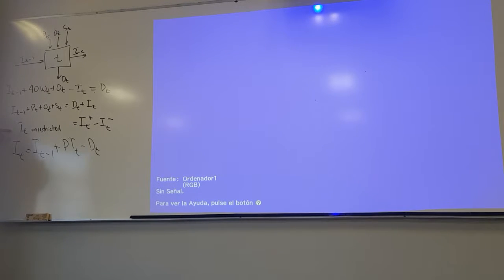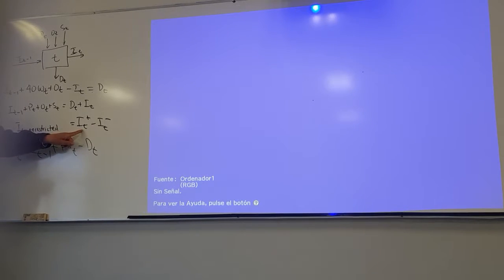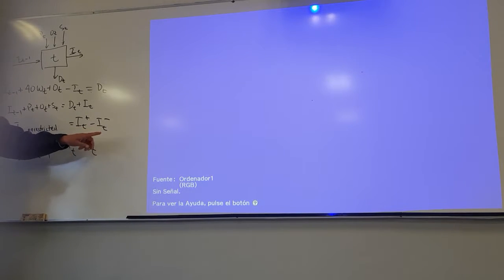If you don't remember, this is how it is done. You break the variable, which can be negative, into two variables, one positive and one negative, and that's it. These two variables are both greater than or equal to 0. And then we can use Lindo to solve the problem.